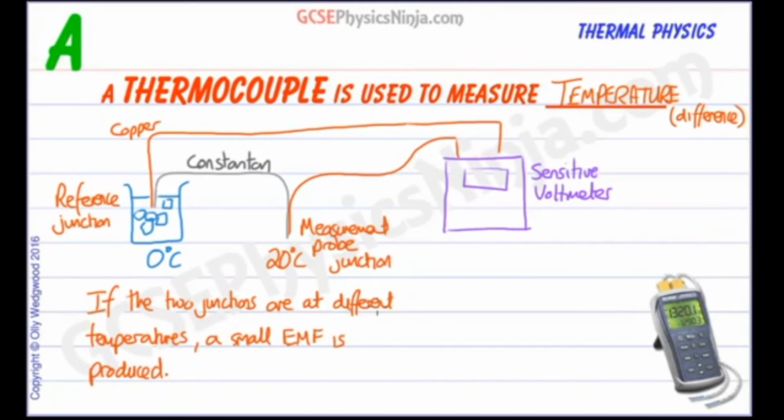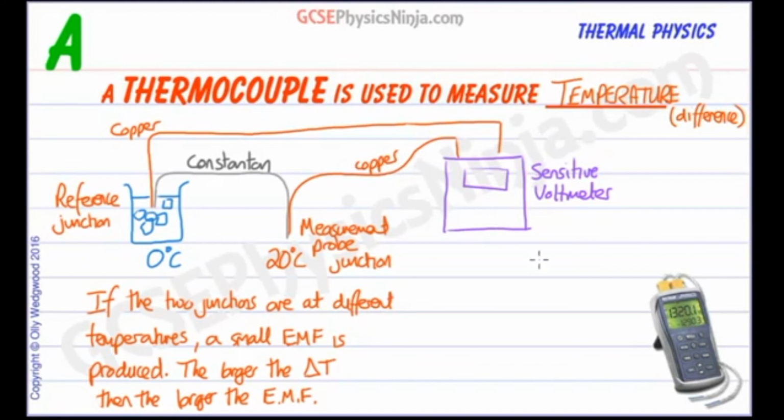And the larger the temperature difference, then the larger the EMF. I'm going to put delta T as in difference. Delta stands for change, so difference in temperature. Then the larger the delta T, the larger the EMF. And that enables us to measure temperature through the voltage that's produced. And so that's a pretty useful effect, this Seebeck effect. So I should just mention that this is copper here again.